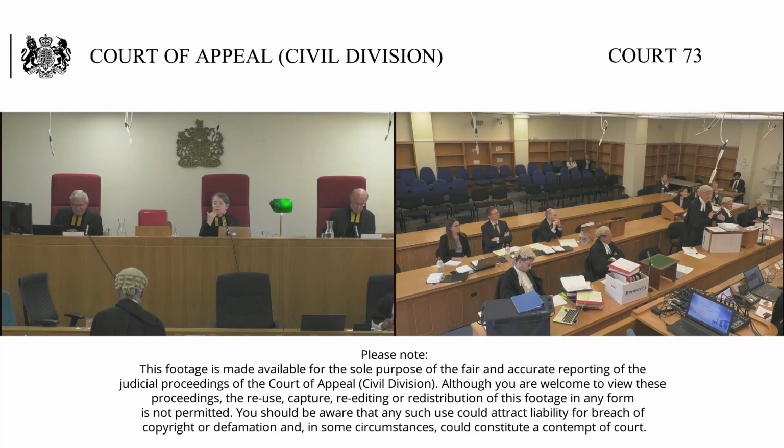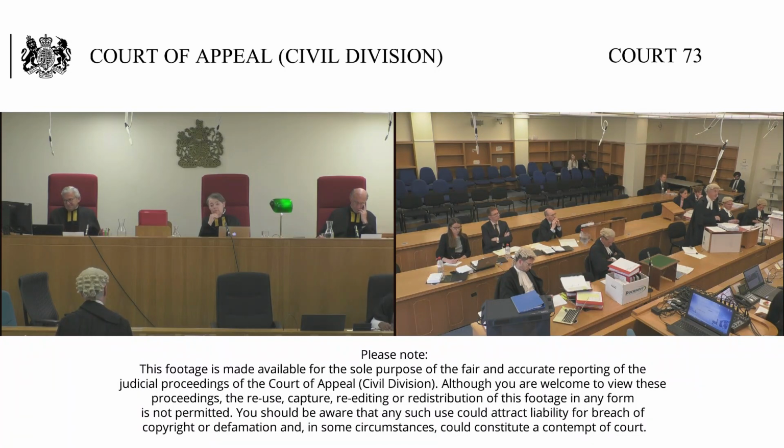Yes. And some of his observations do have a distinct Jamil type resonance. Well, he refers to Jamil, of course. I know he does. And in his reasons for refusing permission to appeal, he says, well, even if I'm wrong on the law, I've exercised my discretion. He did say that, yes.